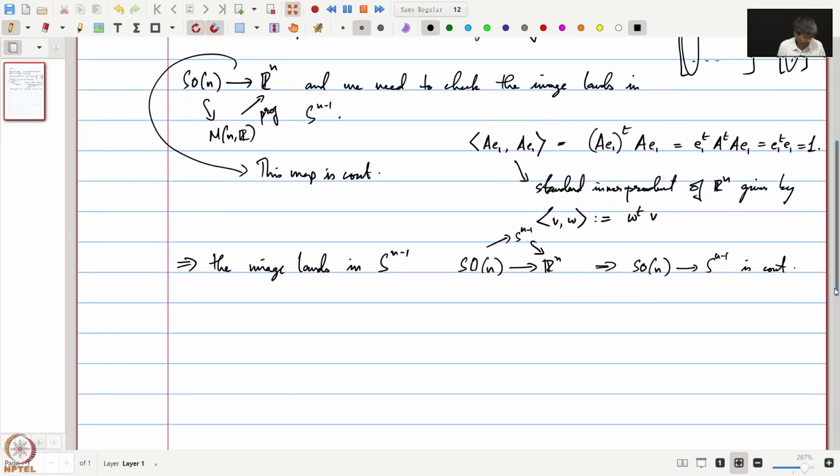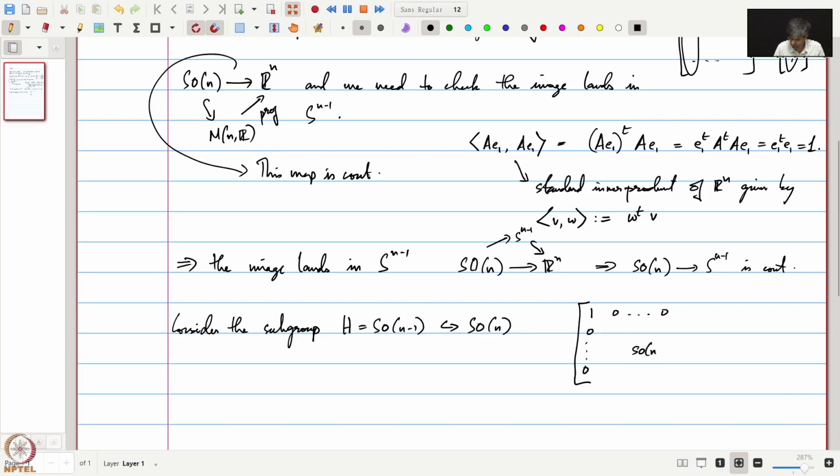Next, let us consider the subgroup H equal to SO(n-1) sitting inside SO(n) as follows: 1, 0s here, 0s here, and here we have this matrix in SO(n-1).